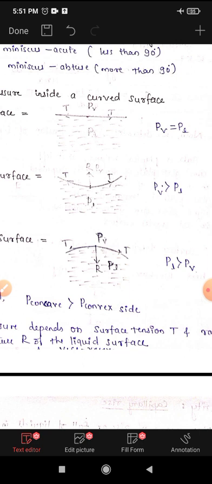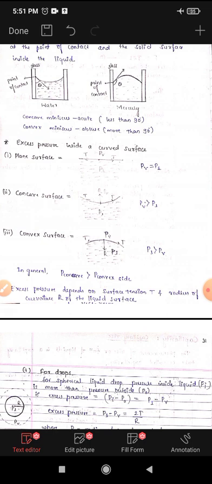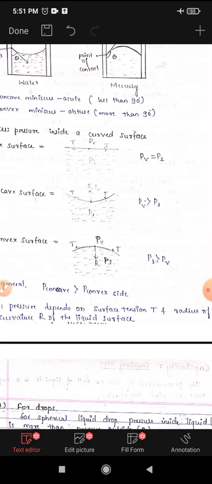Because of this resultant pressure, the vapor pressure will be greater than the liquid pressure. So in the case of a concave surface, the vapor pressure is greater than the liquid pressure, or we can say the pressure outside the liquid is greater than the pressure inside the liquid.